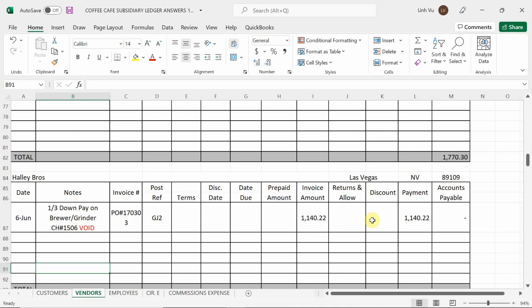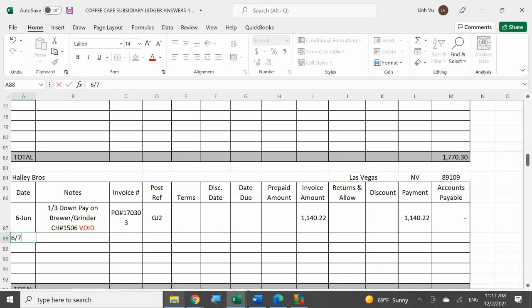So therefore, I shouldn't remove this at all. And even if I did remove it, it wouldn't affect my account at all because I don't owe them anything anyways. So I'm going to leave it in here because I have this track record of the 1506. I don't want to remove that. But I am going to indicate that I did issue a brand new check, right?